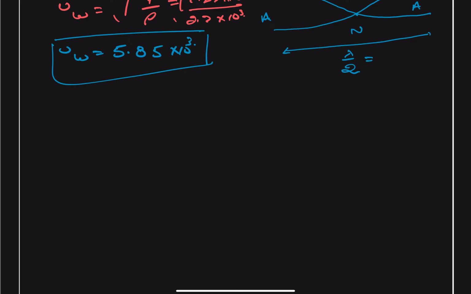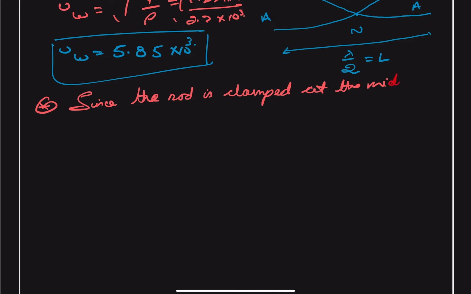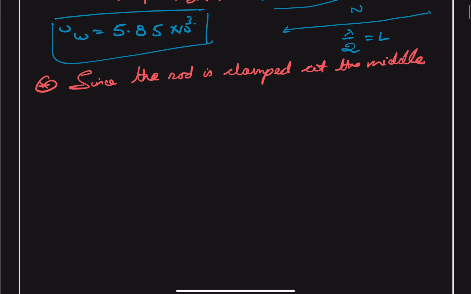So we can say that since the rod is clamped at the middle, the wave shape will be as drawn here.